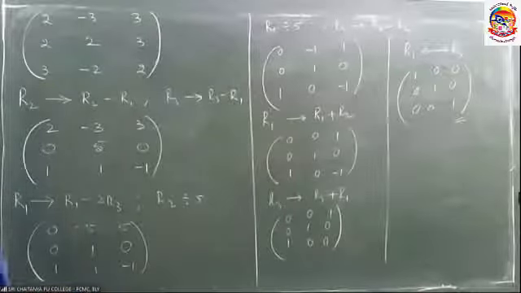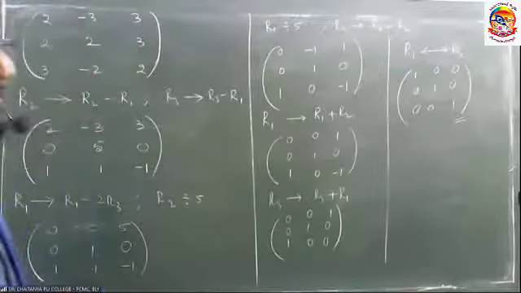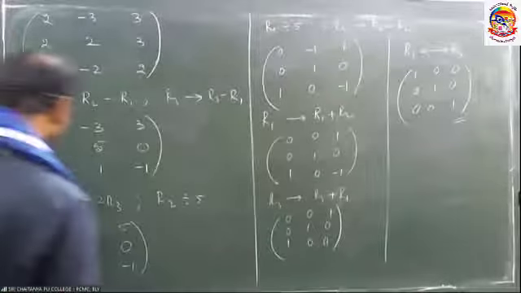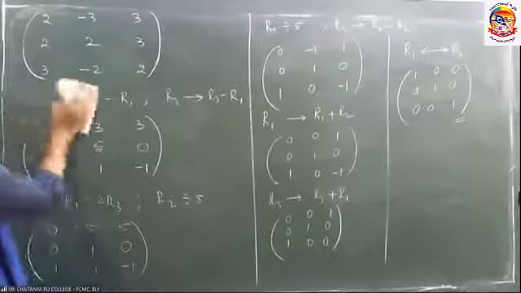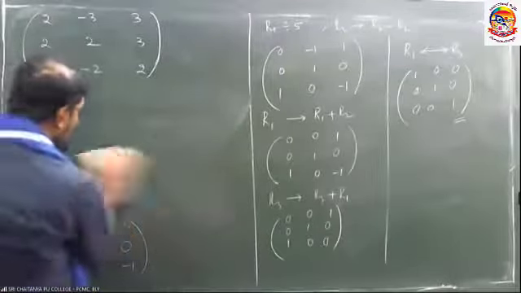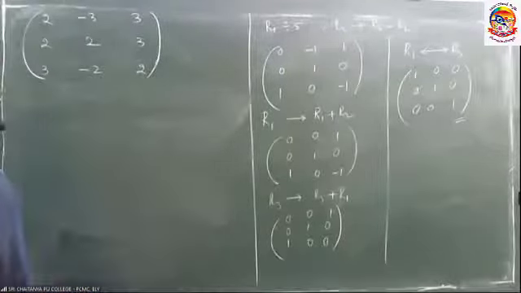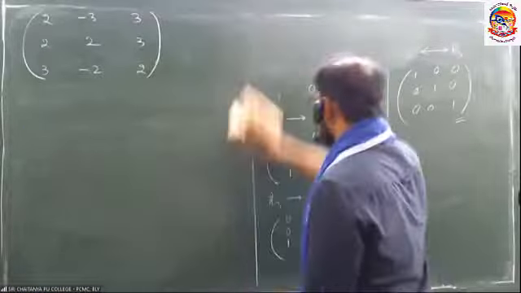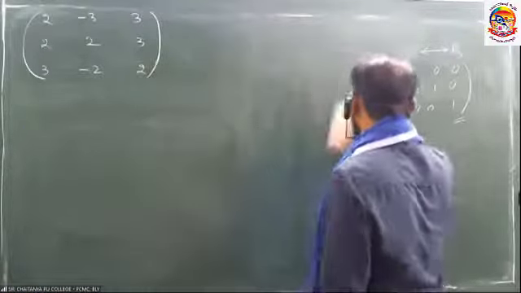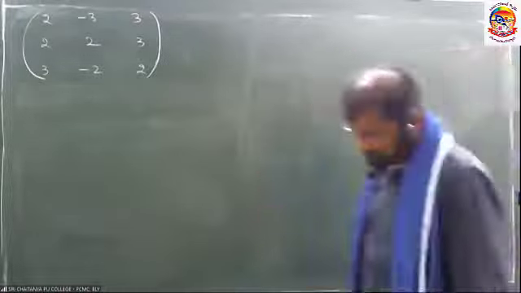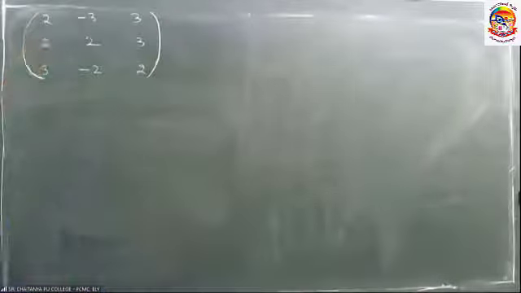Now, let us do this in another method if you want. Write down, same question, using elementary transformations. I'm going to repeat this problem again. Using elementary transformations, find the inverse of capital A equal to this.